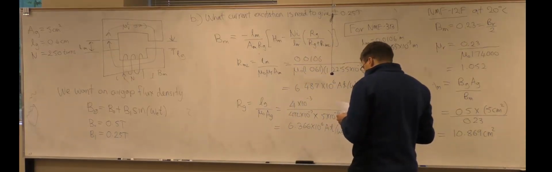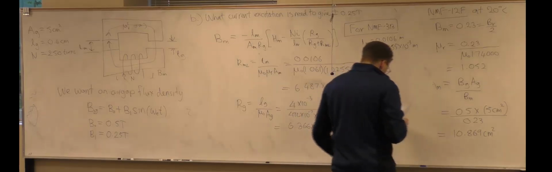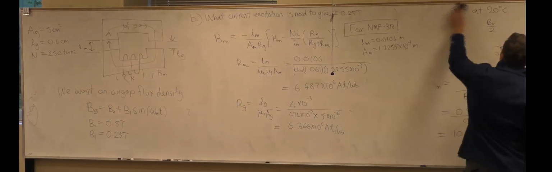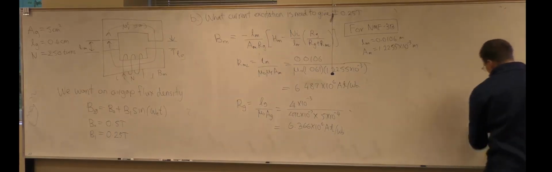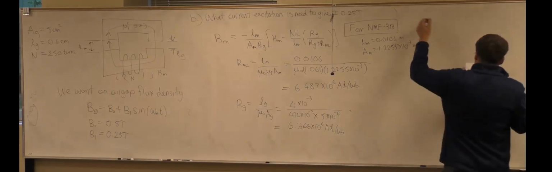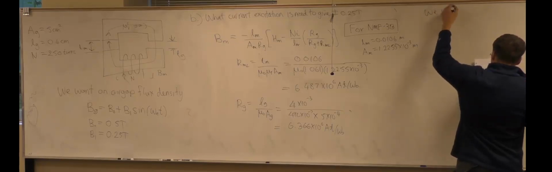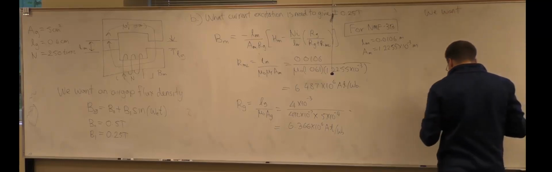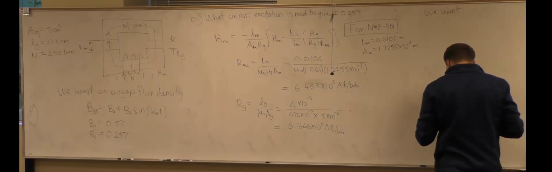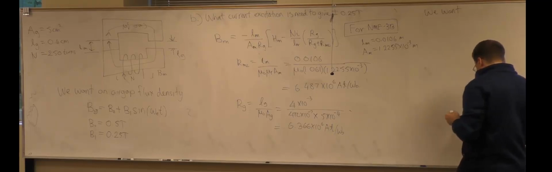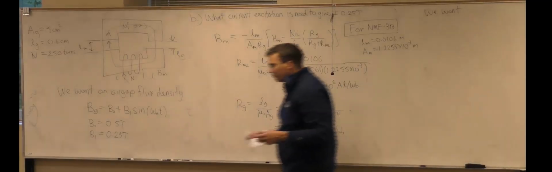Okay, so we want the Bg to be 0.25 due to the current excitation. I didn't do that bit.